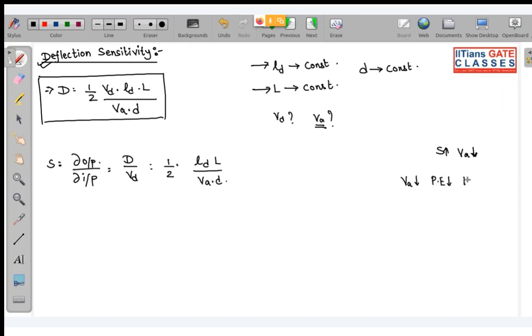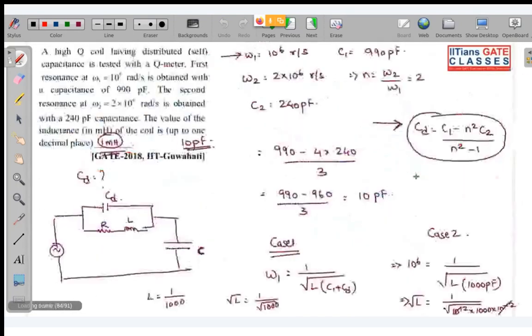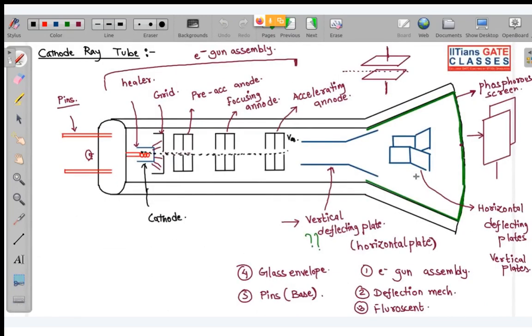Potential energy decrease means kinetic energy decrease. Kinetic energy decrease means, since the mass of the electron cannot change, Vox will decrease. I told you earlier, where I took two electrons, electron 1 and electron 2, one with velocity v1 and another with velocity v2, where v1 is greater than v2.